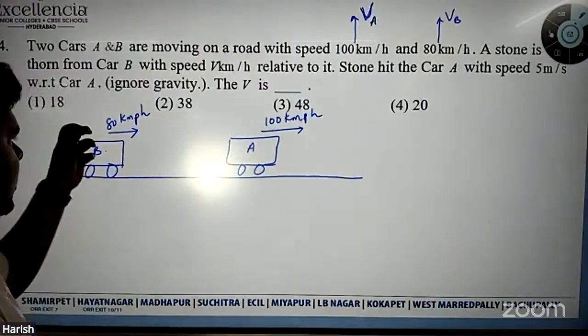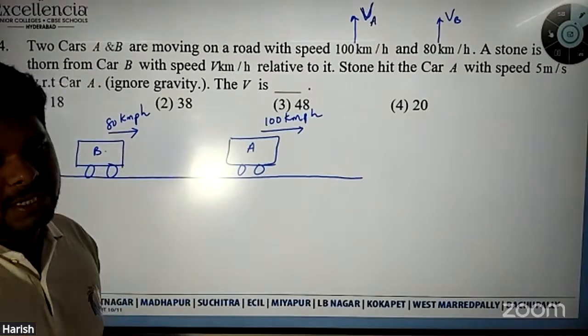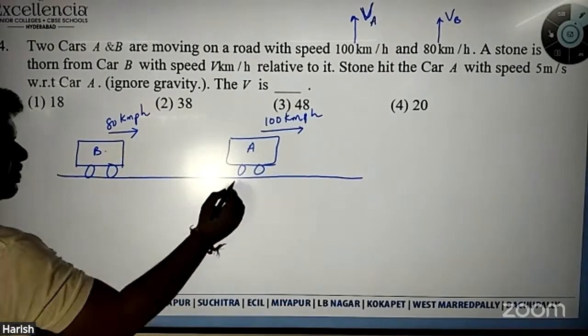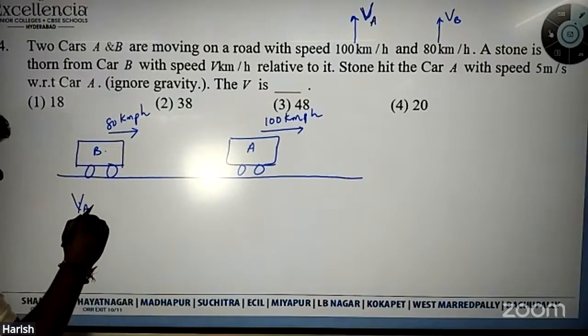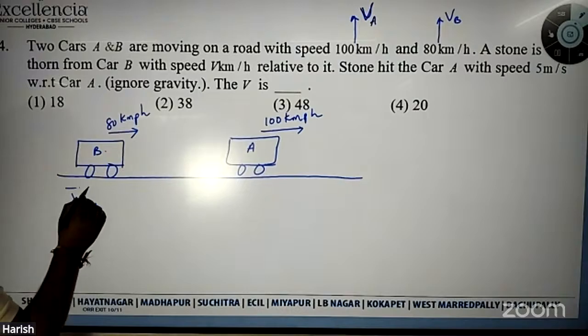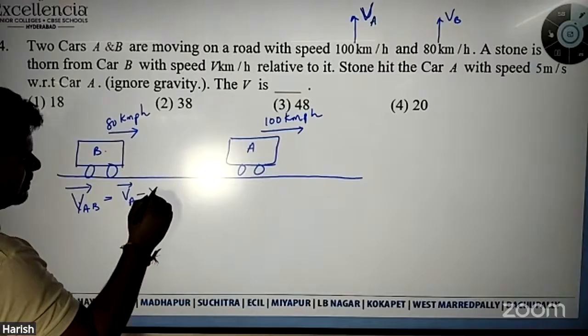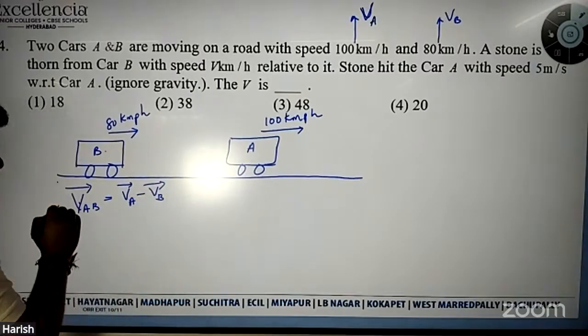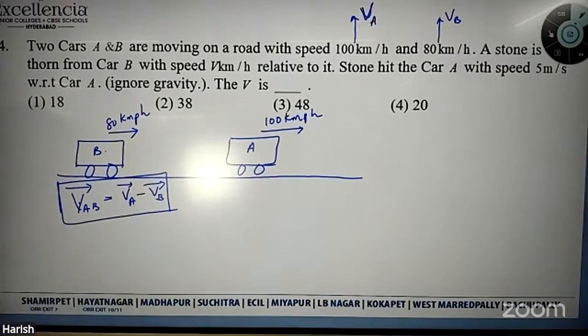So relative to car B, the speed of the stone is V kilometers per hour. You all know the standard formula: velocity of A with respect to B is VA bar minus VB bar. This is a very famous formula in relative motion. I'll use this formula to solve this question.